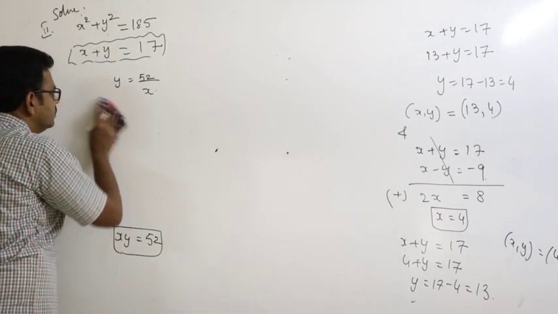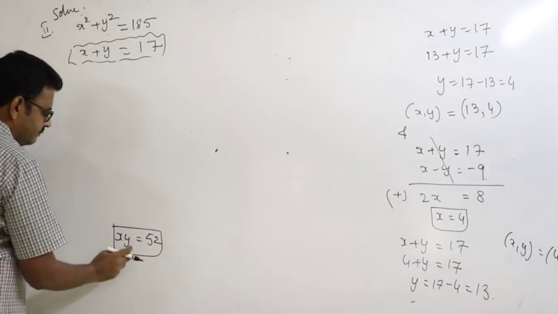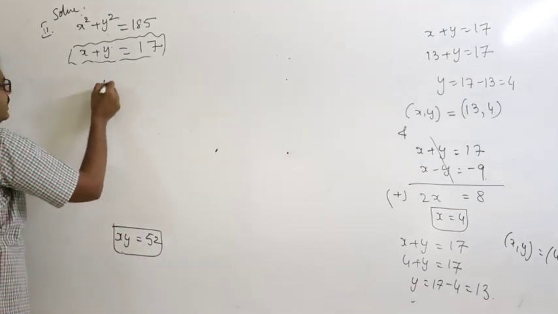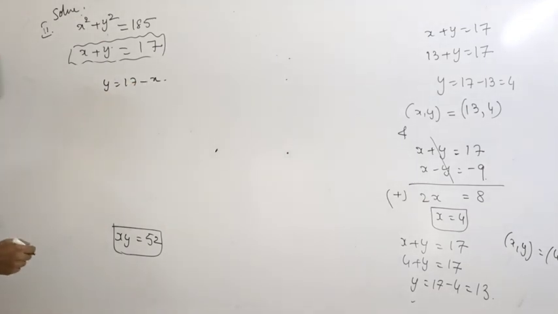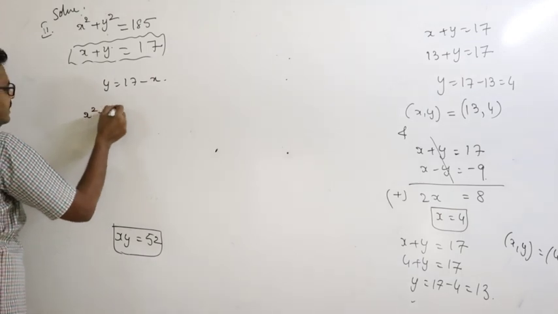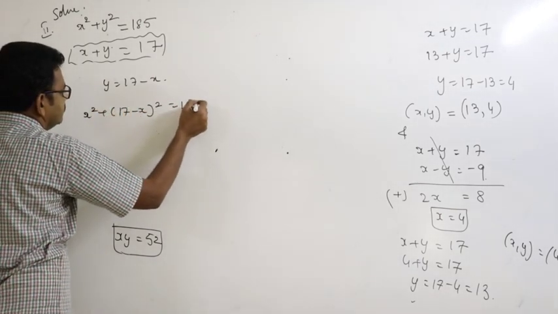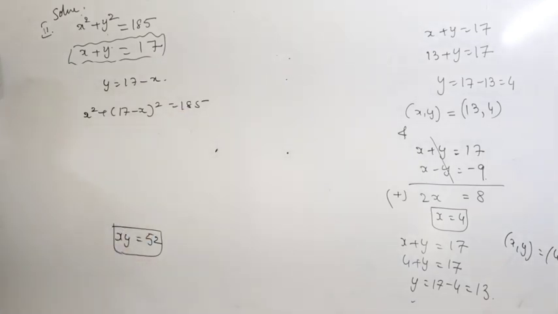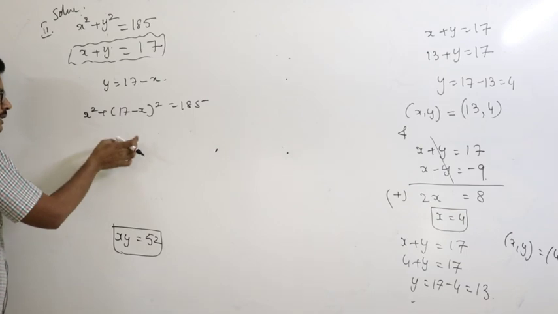Also, one person asks, sir, without finding xy values, I want to write y is equal to 17 minus x, and x square plus y square is 17 minus x whole square is equal to 185. This is also a correct one.